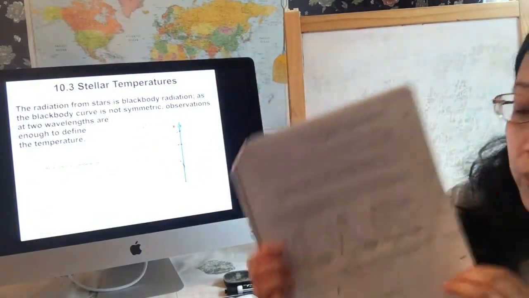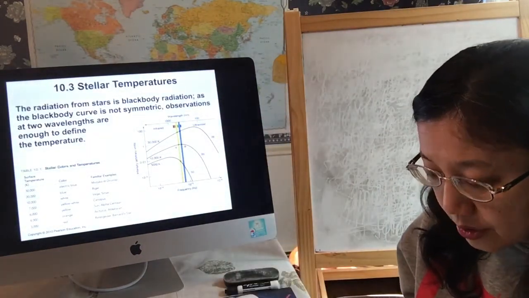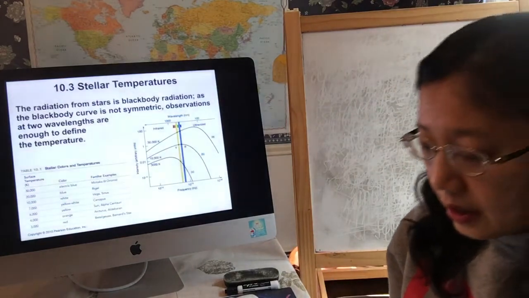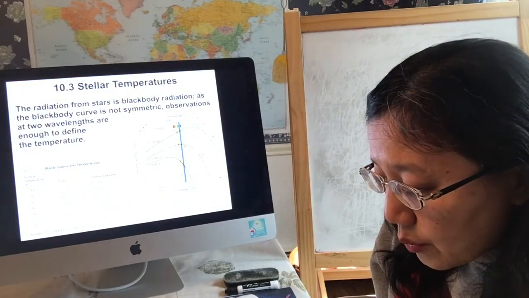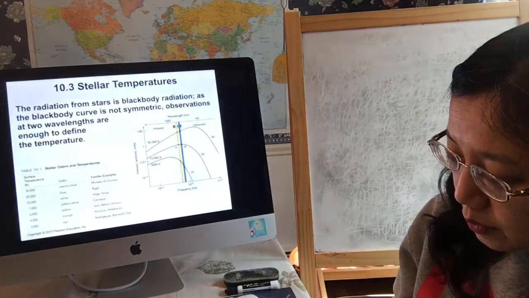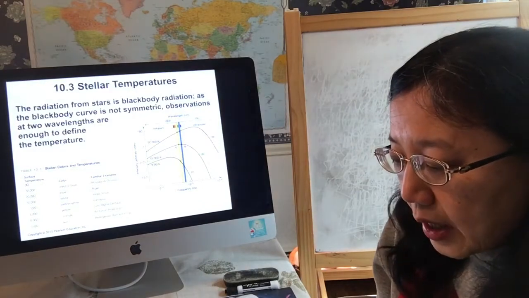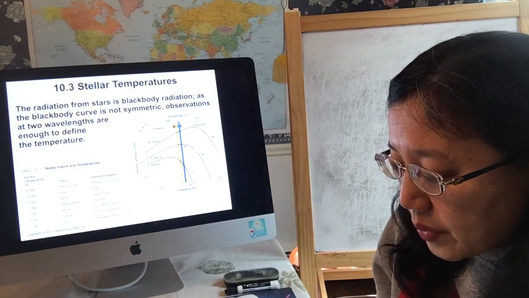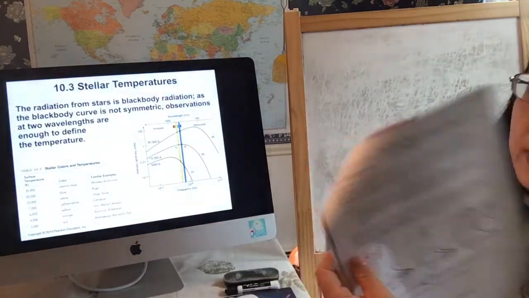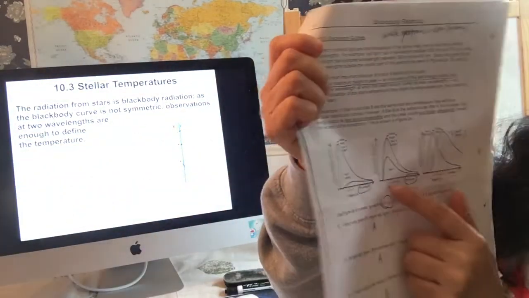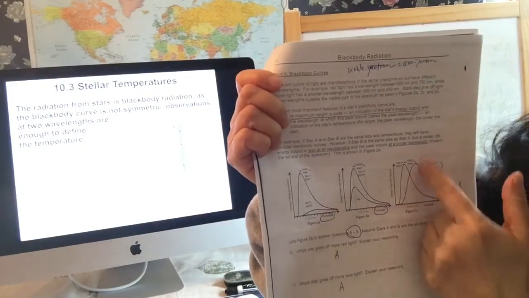That's the difference between A and D. So in order to answer the questions for 13 and 15, for each star, describe its color as either reddish or bluish. Star A should be bluish because the peak of star A is located at the blue end. Star D is reddish because the peak of star D is located at the red end, as I showed you from this diagram here. Again, for color or temperature, you look where the peak is located.